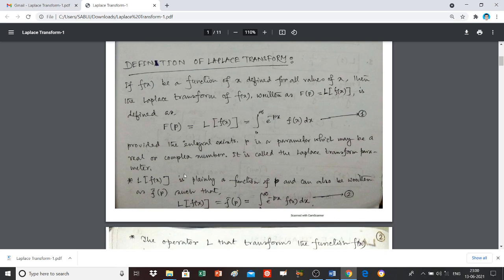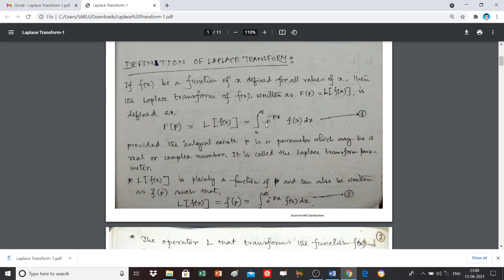Now let us see this definition. From this definition, it is very clear that the Laplace transformation of the function f(x) is nothing but a function of p.